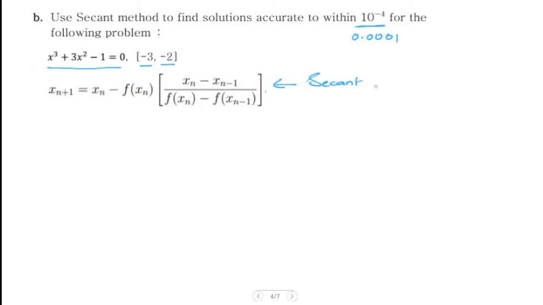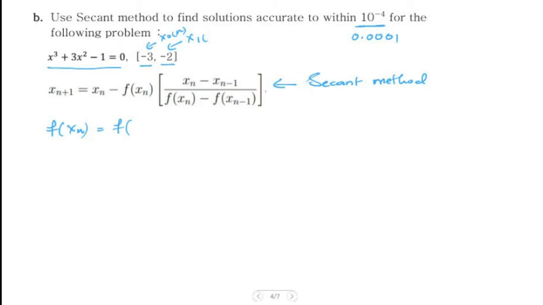What we're supposed to do right now is find out f of xn. For us, let's say this is x0 and this is x1.